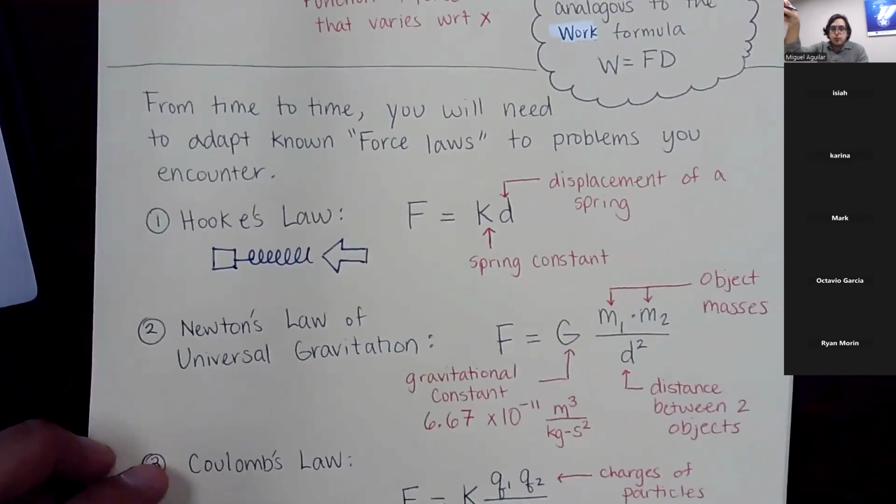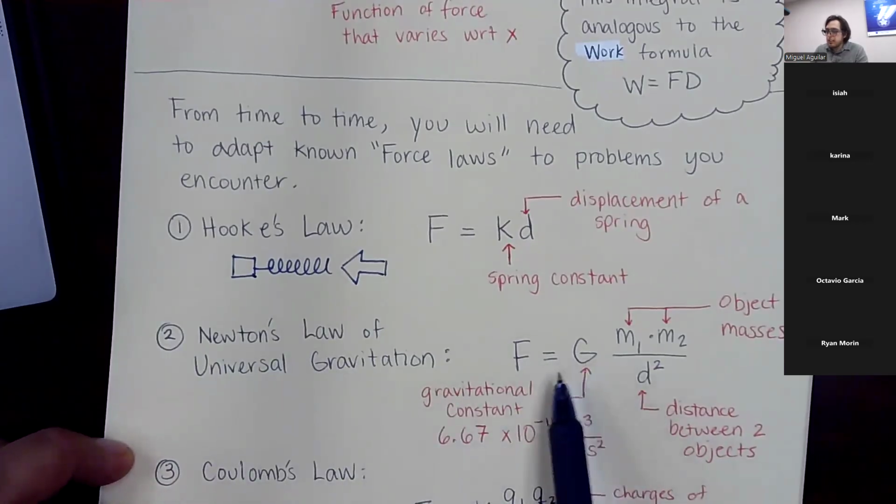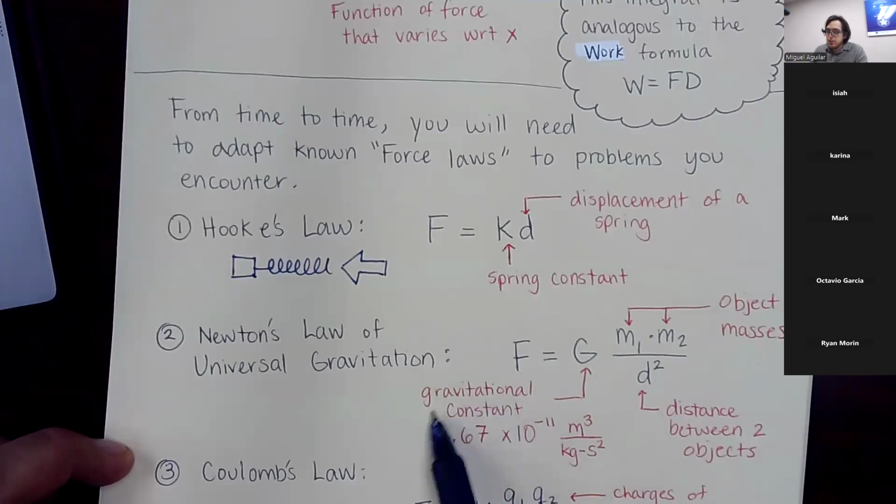Universal law of gravitation, Newton's law of gravity, is given by this formula where the force of gravity is equal to a gravitational constant, usually measured in meters cubed per kilogram second squared. We don't really need to know this gravitational constant. I mean, this is the gravitational constant for Earth.